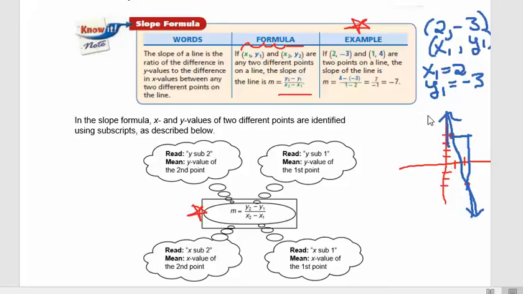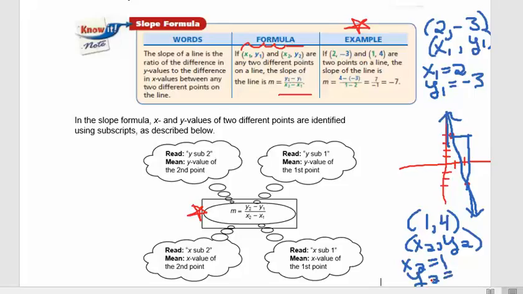Those are just values of those variables. Now, I had another point on my graph, the point (1, 4). I'm going to call this x sub 2, y sub 2. The 2's just mean it's the second point I graphed. So x sub 2 is 1, and y sub 2 is 4. Now I'm ready to use my formula.